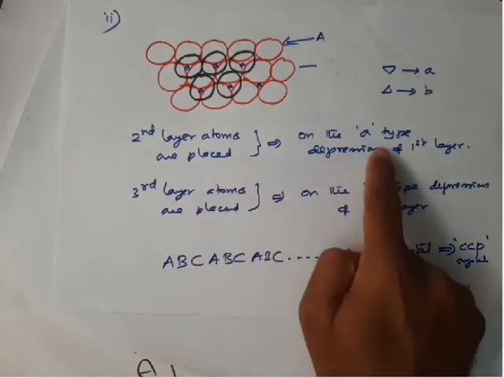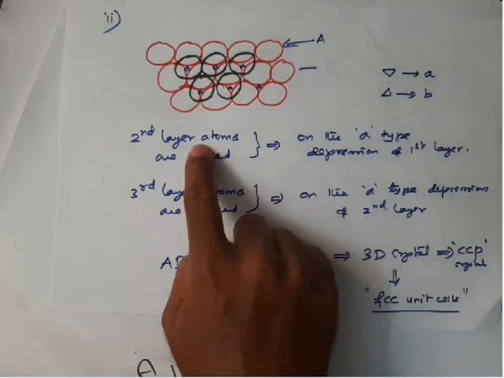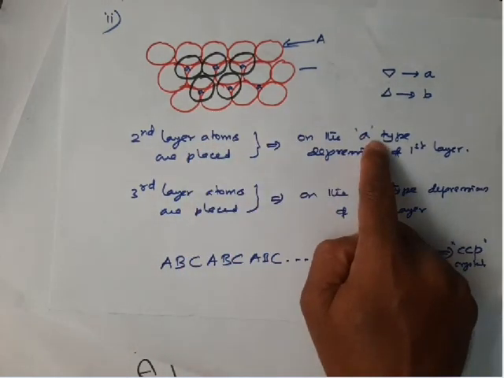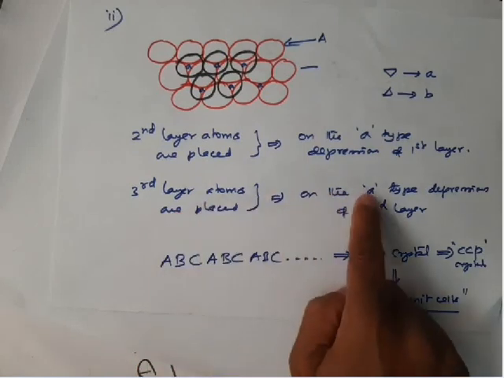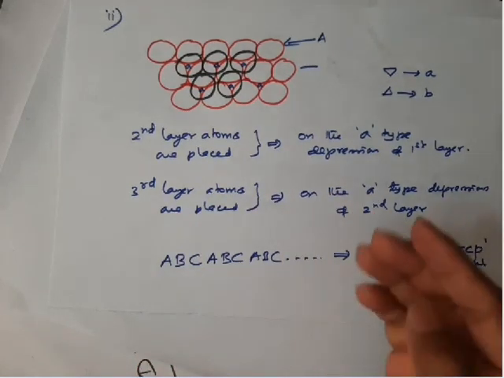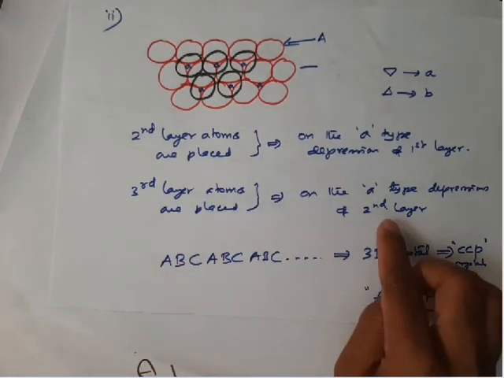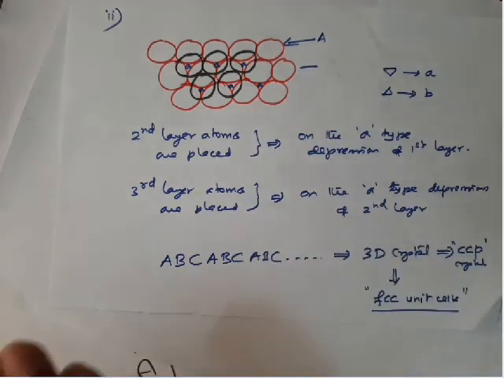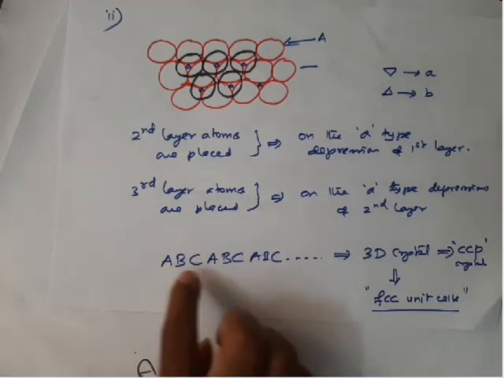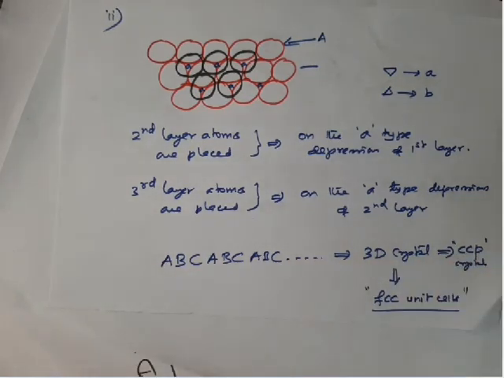So we are placing the layers. If you place the layers in this manner, place the second layer on the A type depressions of first layer, place the third layer atoms on the A type depressions of second layer, place the fourth layer on the A type depressions of third layer. So if you place the top layers only on the A type depressions, you will get ABC, ABC, ABC type of arrangement.